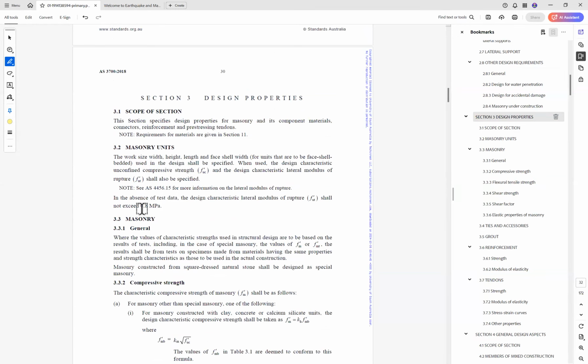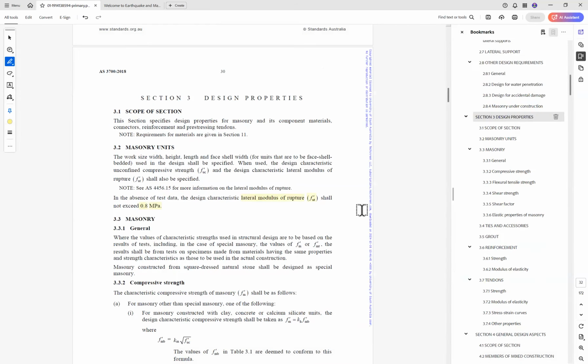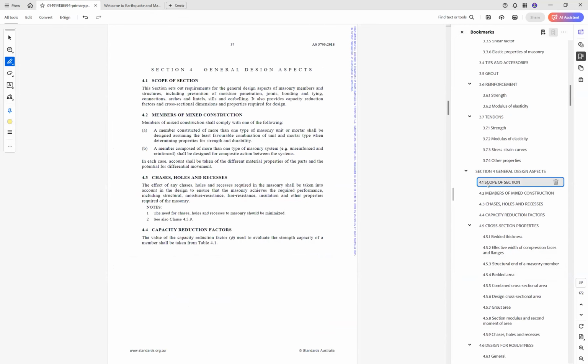This is for FUT dash, the lateral modulus. And phi is 0.6 in table 4.1.